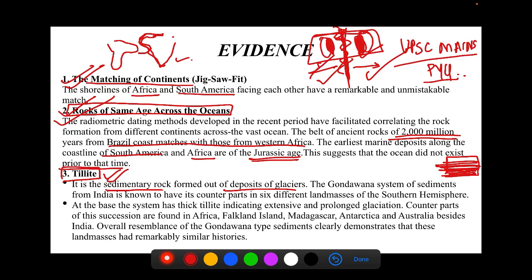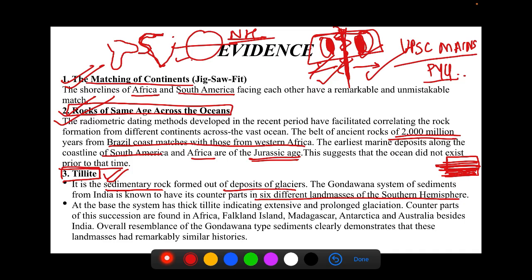The Gondwana system of sediments from India is known to have its counterpart in 6 different landmasses of the southern hemisphere. There is also one contradiction: in today's world we know that India lies in the northern hemisphere of the world, right? Then how come glacier deposits are here?